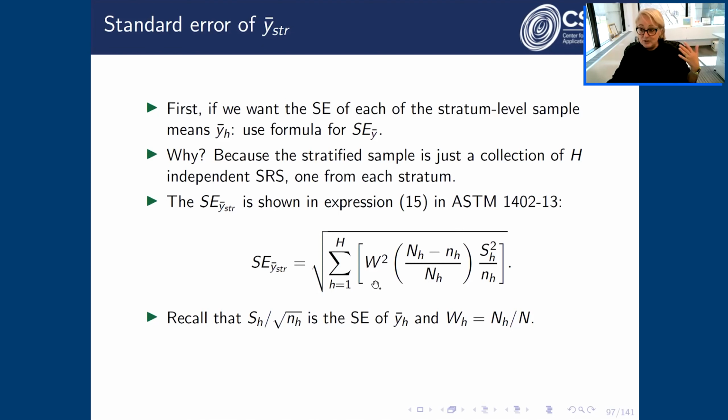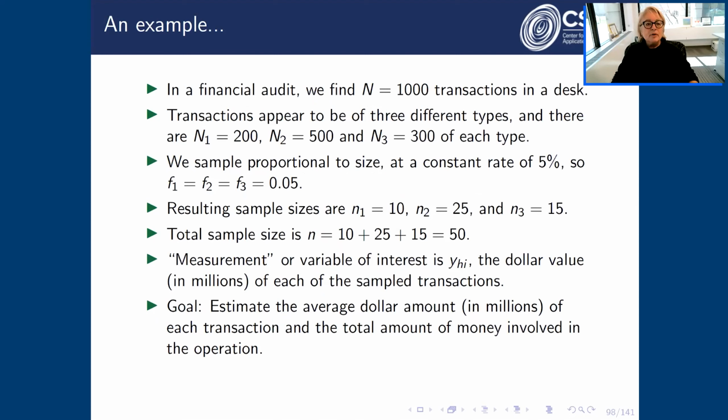So essentially, we're doing the same thing here. We're taking the weighted average of all the stratum level variances, corrected by the finite population correction factor, and then taking the square root of that. So it looks ferocious, but it really isn't. It's just another weighted average of, in this case, stratum level variances.